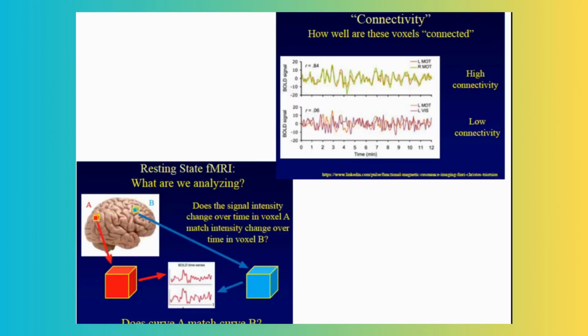And now they are also doing research on resting state fMRI, because this was task-based fMRI. Now they are doing resting state, without any stimulus, without any task, they are just seeing how the brain is behaving in a resting phase. We call it resting state functional MRI.